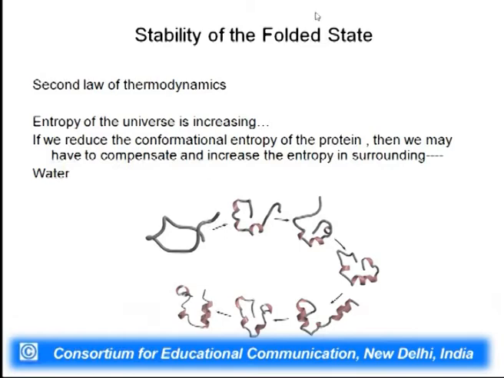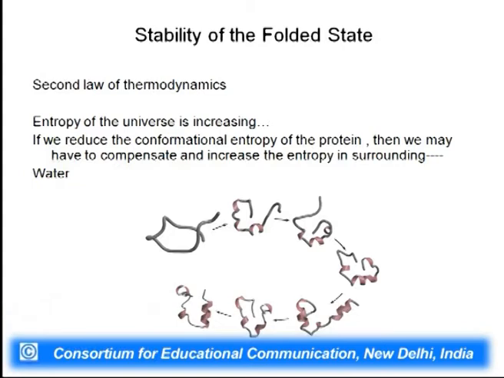If we were to talk about a protein polypeptide present in vacuum, then yes, it is fine, we are going towards a place where there is least entropy, a more structurally compact state. But we are always talking about a protein in a solvent, we have water associated with it.